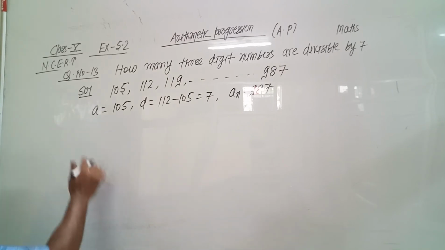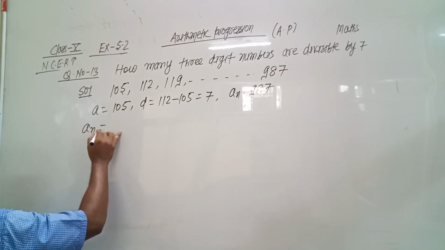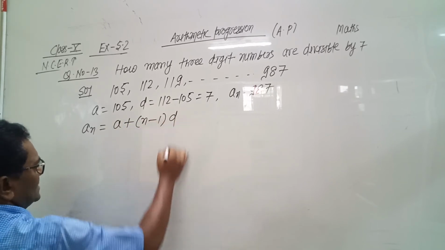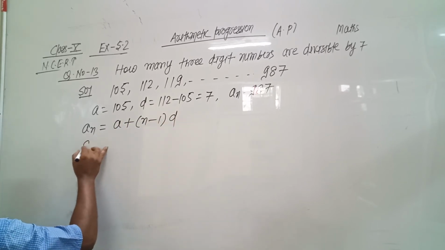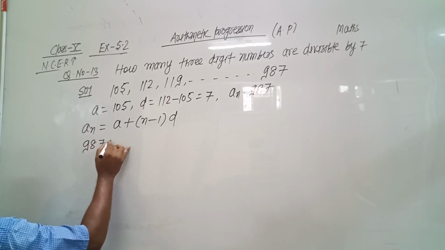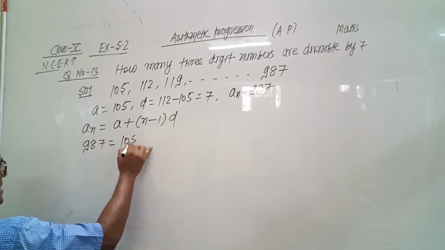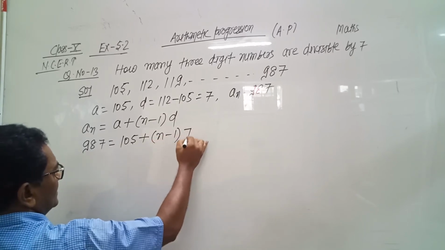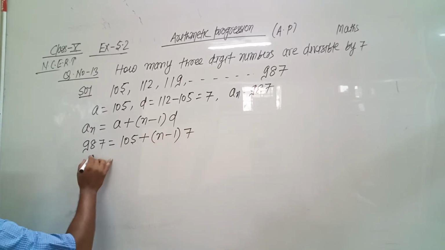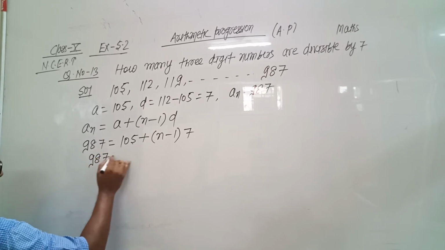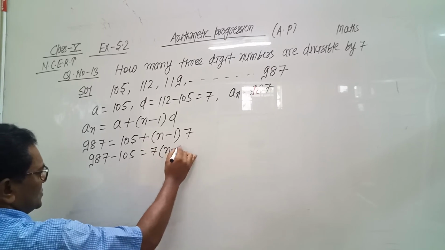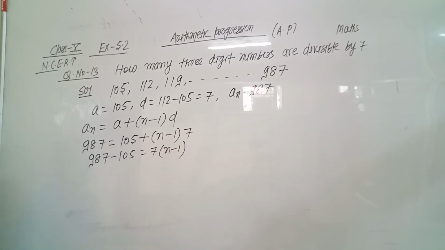So we use the formula AN equals A plus N minus 1 D. The value of AN is 987, A is 105, N we have to calculate, the value of D is 7. So 987 minus 105 equals 7 times N minus 1.